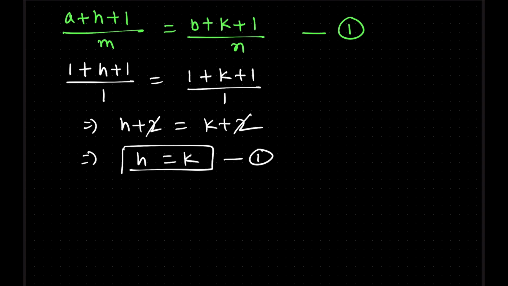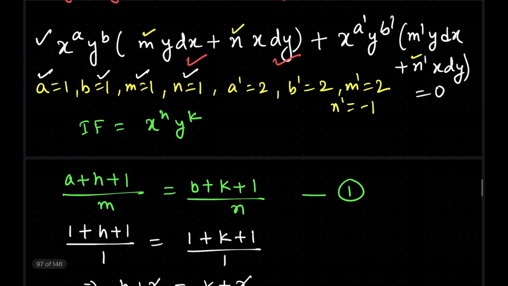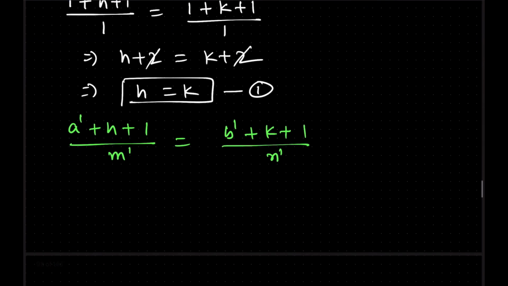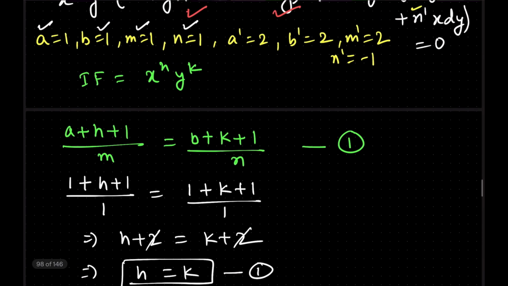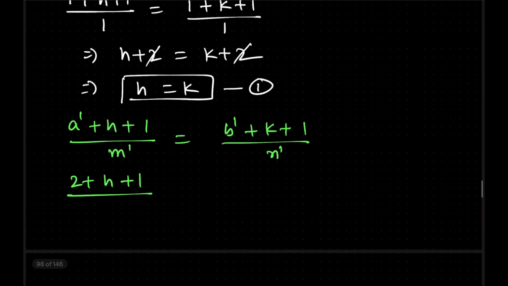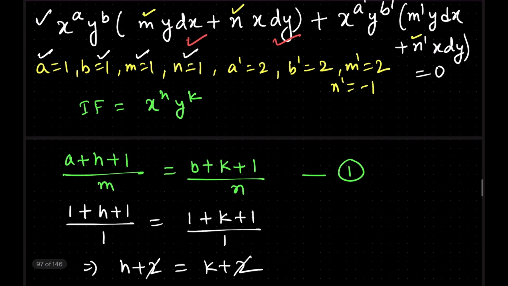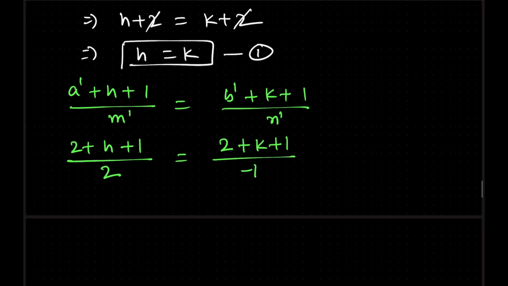Our second equation was (a dash plus h plus 1) divided by m dash is equal to (b dash plus k plus 1) divided by n dash. Our a dash and b dash are 2, so 2 plus h plus 1, and m dash is again 2, and b dash is also 2. And what is n dash? n dash is minus 1.